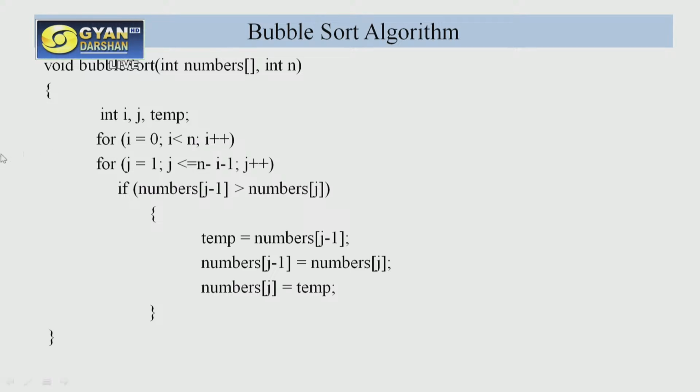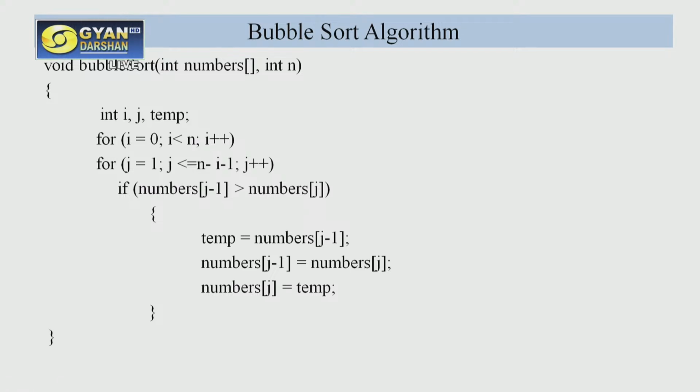And this if condition compares 2 adjacent elements, starting from j minus 1. When j is 1, j minus 1 is index number 0. Index number 0 of the array is the first element.